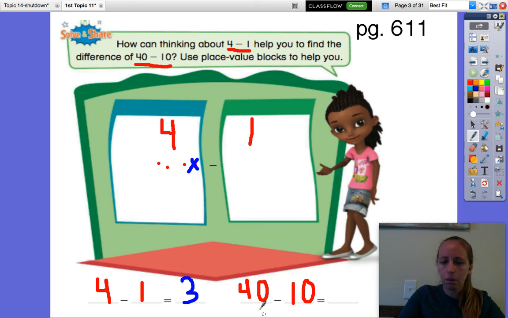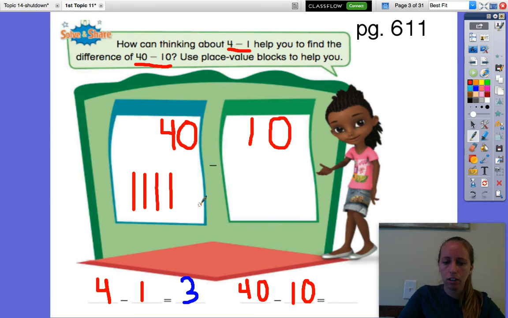How can that help us solve 40 minus 10? Now, I know that when I'm solving 40 minus 10, I can draw tens rods to help me. So I can draw 1, 2, 3, 4 tens rods, because that's 10, 20, 30, 40. So I have 4 tens, and I want to take away 1 ten.